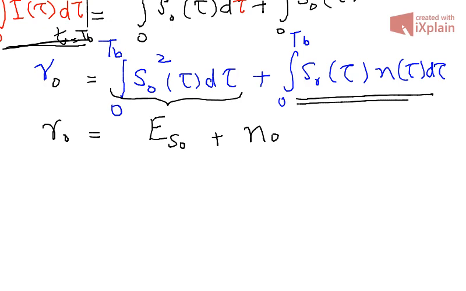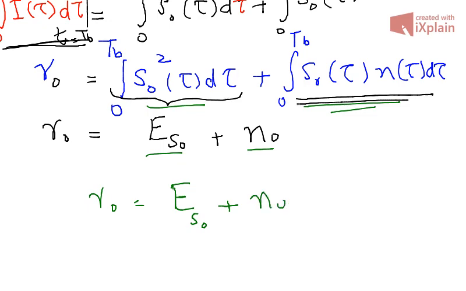And my received signal R naught, which is a number, is equal to the energy of the signal plus N naught.